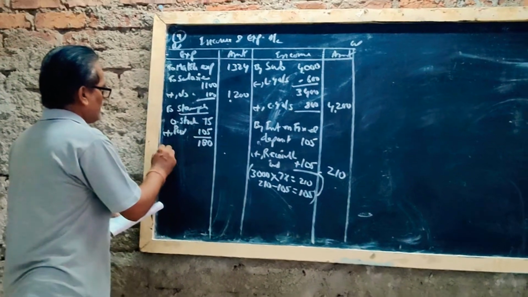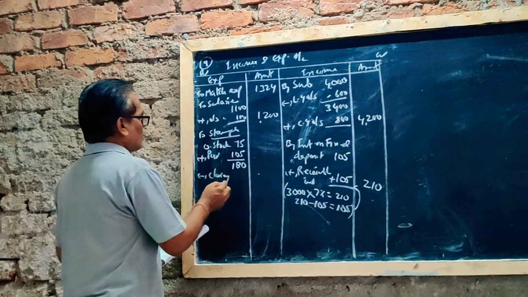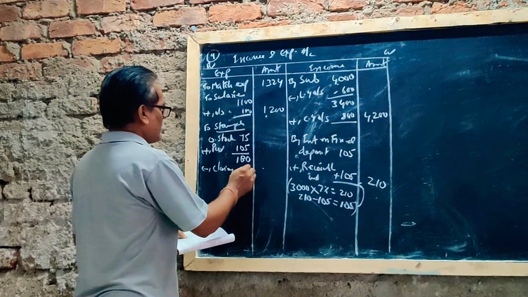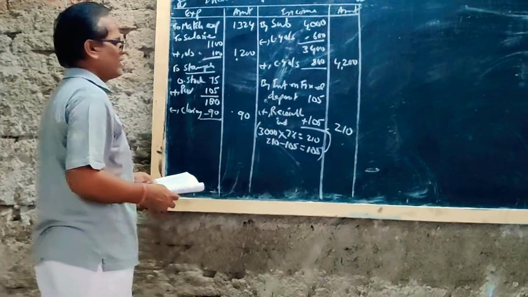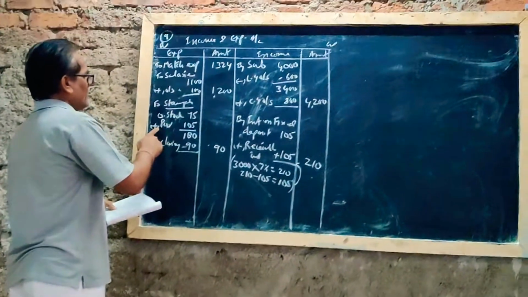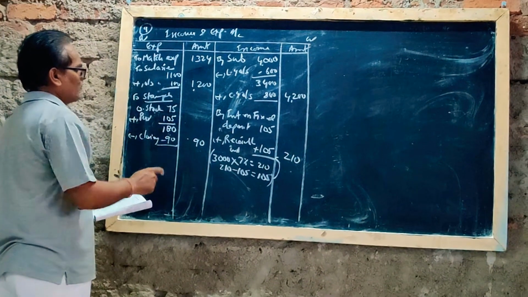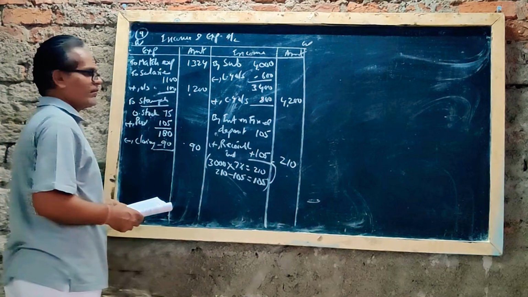But at closing you have only 90. Remaining 90 stamps used. That is how you can write it. Opening 75 stamps, but again you purchased 105. Total 180 stamps should be at the end of the period. But at the end of the period only 90 is there. Nothing but remaining 90.